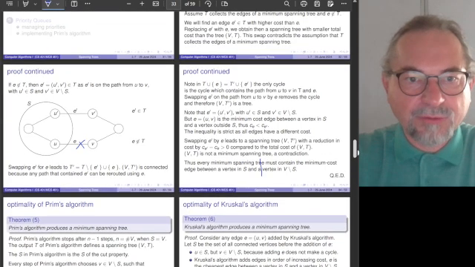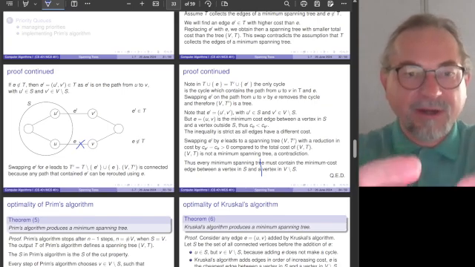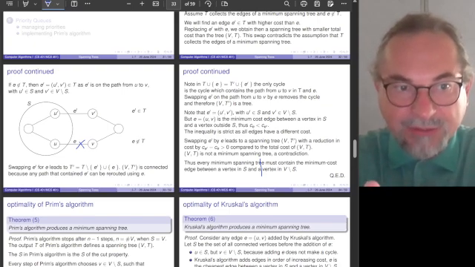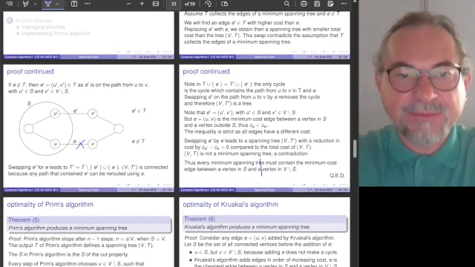So what do we see? We have now a cycle. Since we assumed that E was not in our spanning tree, we can consider adding it. So we have the cycle here.